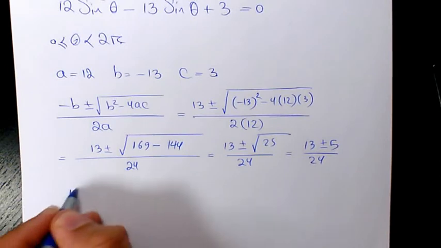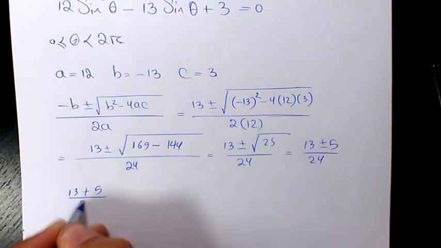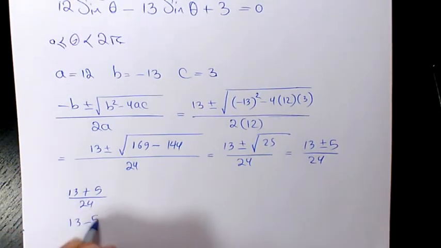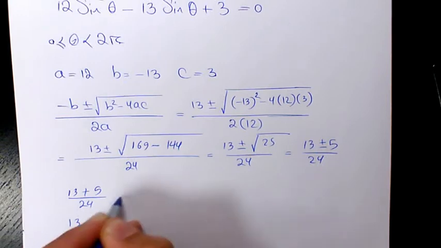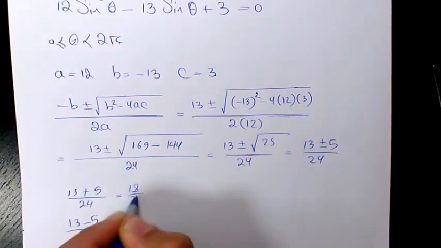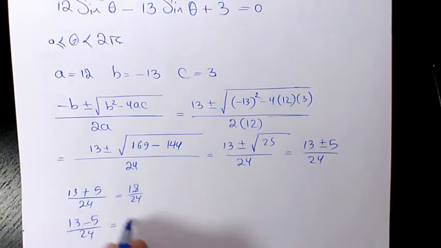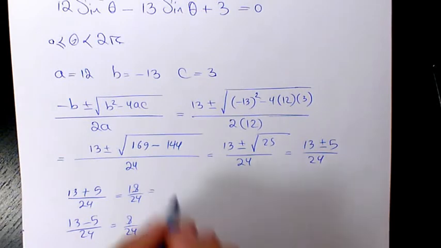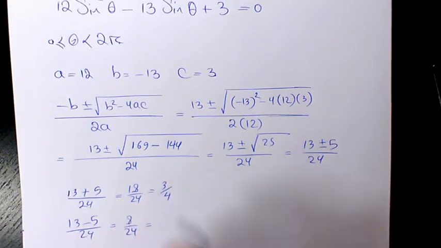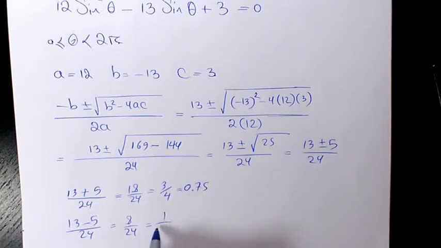So we have 13 plus 5 over 24, and 13 minus 5 over 24. That's going to be 18 over 24, and here we have 8 over 24. That's going to be 3 over 4 or 0.75, and here 8 over 24 is going to be 1 over 3.